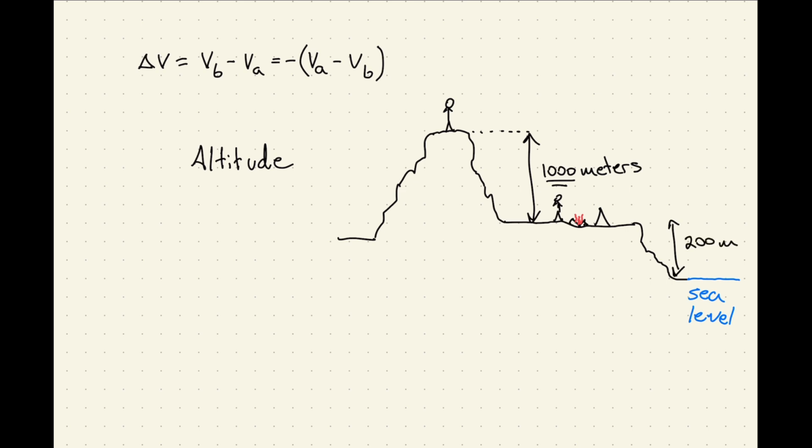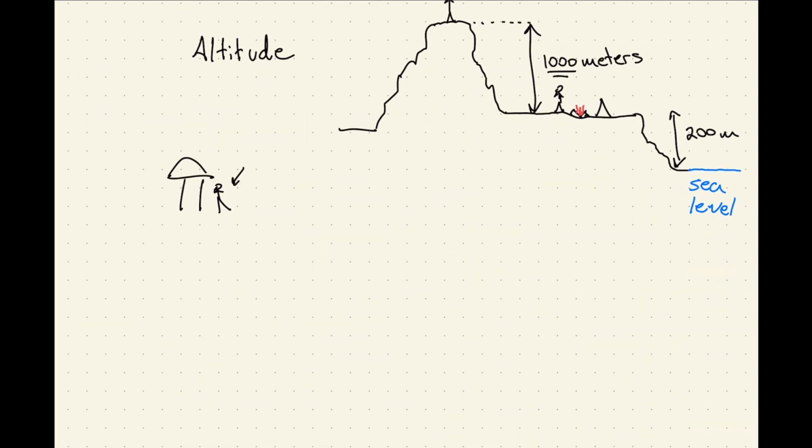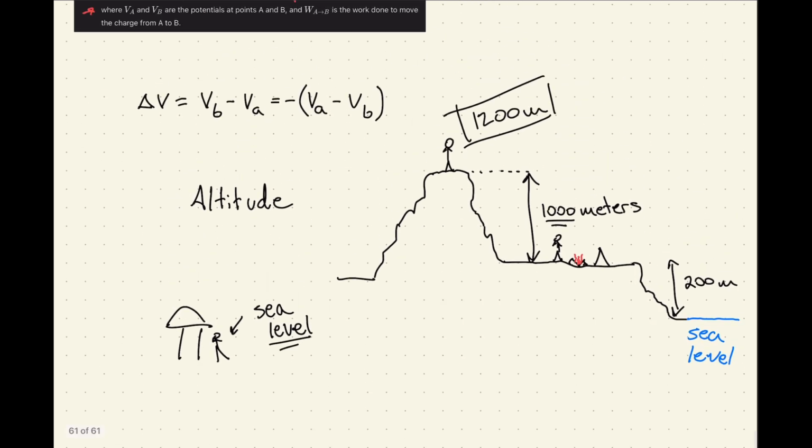So if you phone another friend, chilling in a house over here, you would say, yo, my altitude is actually 1,200 meters from sea level. Or you could literally just say 1,200 meters, and this guy over here should know that you are referring to the reference point as sea level. And that's normally what's happening in discussions of altitude.